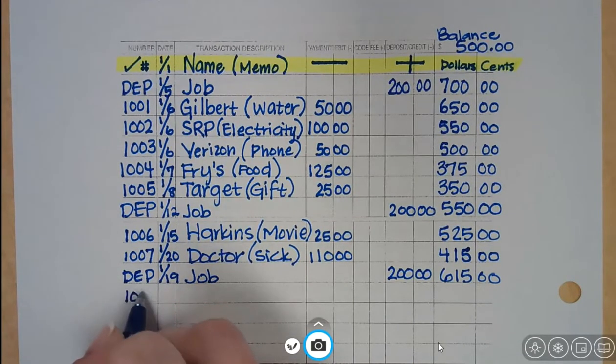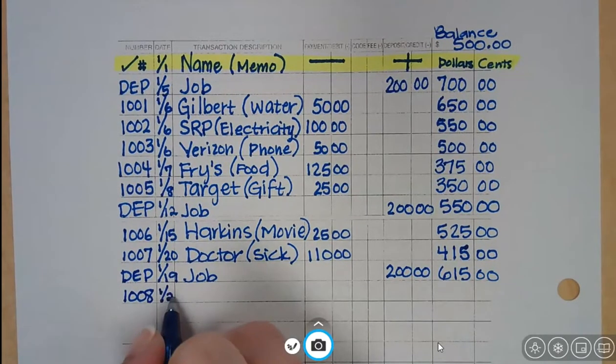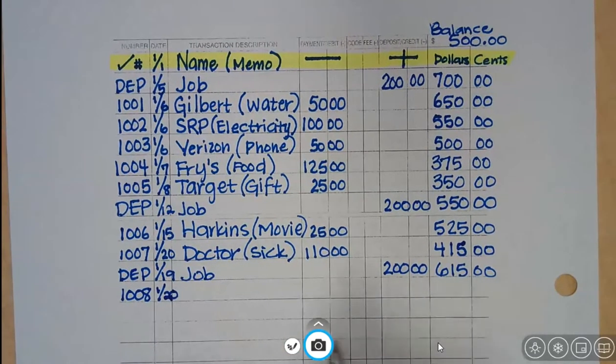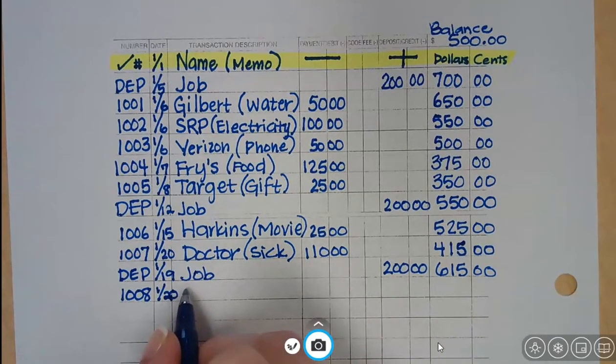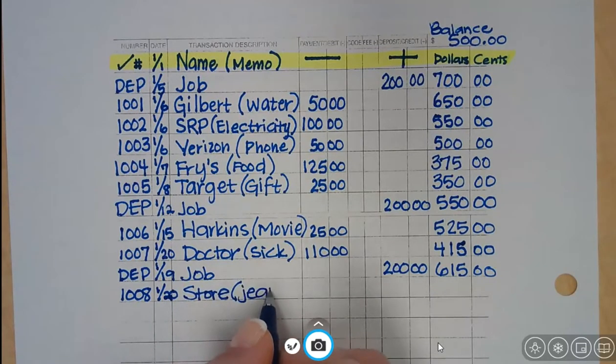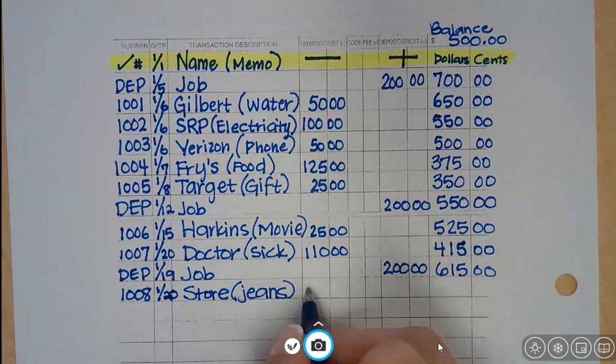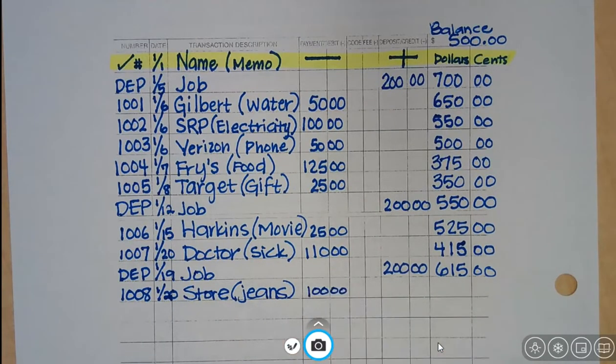Okay. And then I was at the shopping mall and I decided that I wanted to buy something. But then I looked at my account when I was checking out and I said, you know what? If I bought those $100 jeans and that shirt that I wanted to, I would only have $515 left, and my rent is $550.